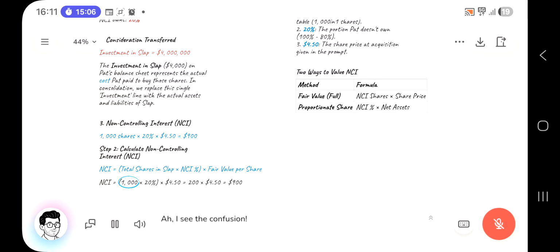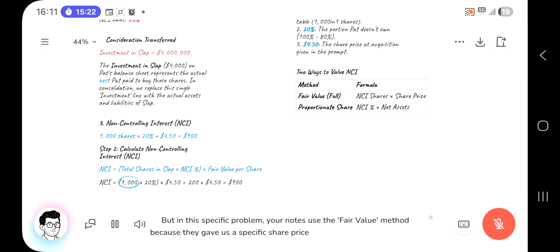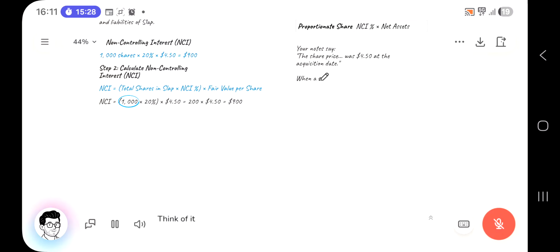I see the confusion. You're thinking of the proportionate share method where you just take the NCI percentage of the sub's net assets. But in this specific problem, your notes use the fair value method because they gave us a specific share price of $4.50. Think of it like this.